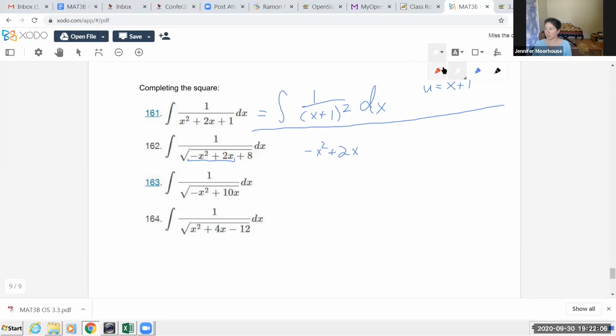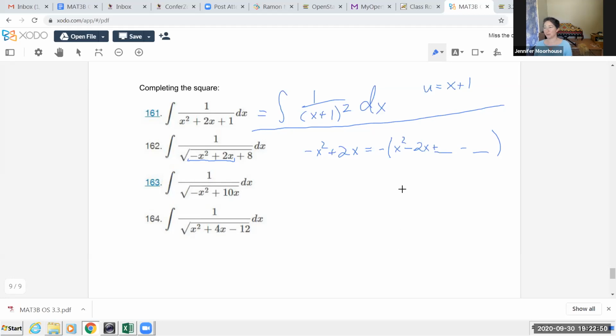So what do we want to do with that? Well, the very first thing I would say is just pull the minus out front and write it as x squared minus 2x. And then I want to complete the square here. So what do I need to add to complete the square? Ramon, you just told me last time that x squared plus 2x plus 1 is a perfect square.